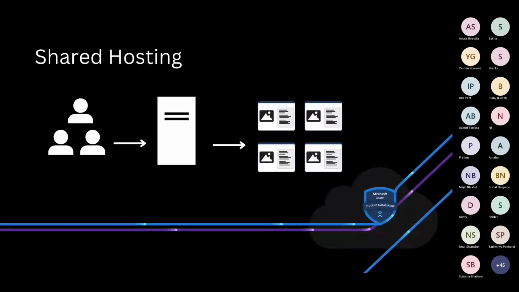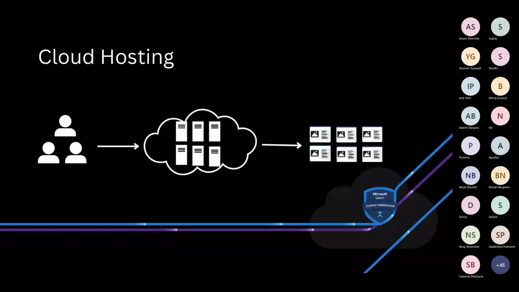However, it was limited, because not many users could access the same server. And among all of these, cloud hosting is the most flexible, scalable, cost effective, and highly configurable. So now, with this, we move on to common cloud services.